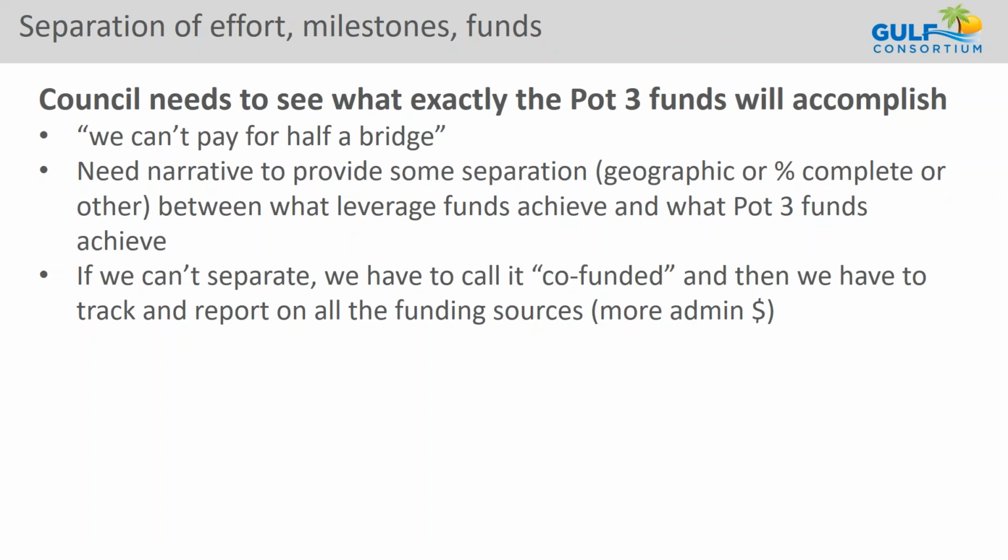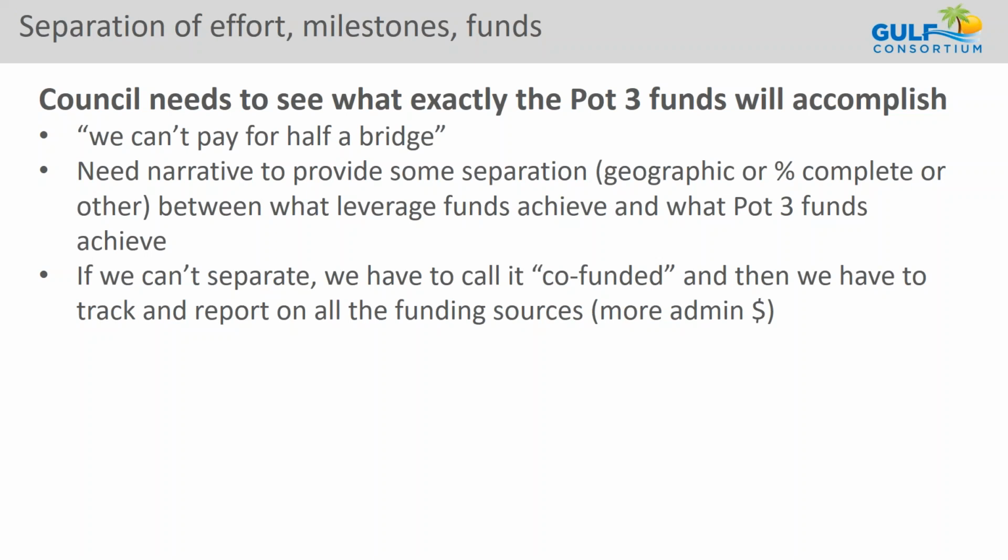In situations where you can't realistically say it builds on other work, if you can't separate the work effort in some way, we call it co-funded. That means all of the funding has to be tracked and reported on.